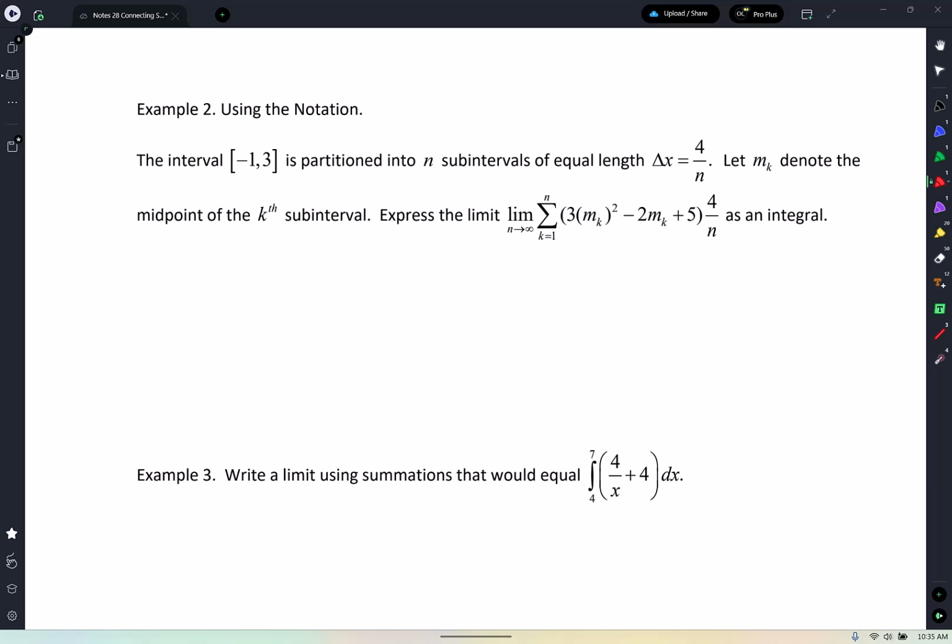The interval -1 to 3 is partitioned into n subintervals of equal length, and delta x is equal to 4 over n. Let m_k denote the midpoint of the kth subinterval. Okay, underline that, and it's just some x value.